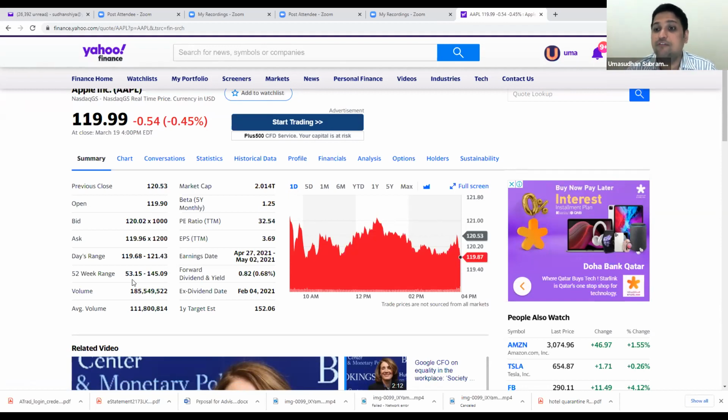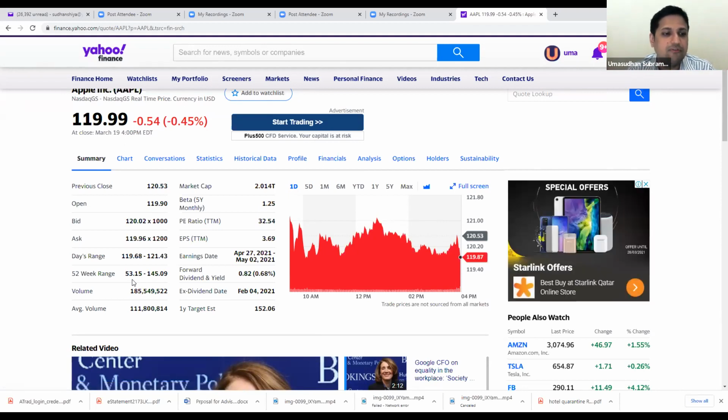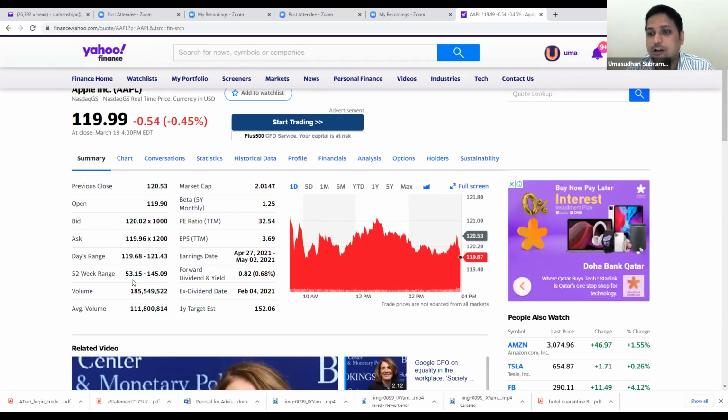But even if you have a 50% earnings growth, 3.69 times 1.5 is going to be 5.54, which will be your EPS. So 120 divided by 5.54 is 21.82. Still expensive, but is it realistic that this company is going to have a 50% or 100% earnings growth? Do you think it is possible for a large company like this? What do you think realistically?